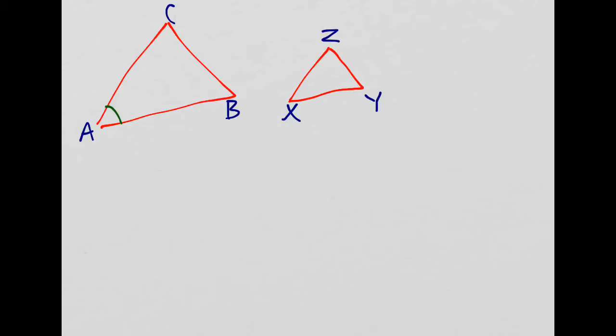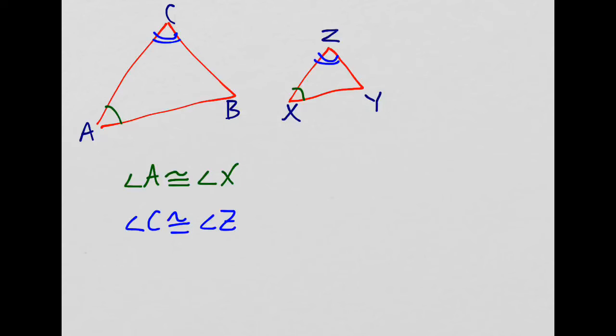Angle A is congruent to angle X, and angle C is congruent to angle Z. Are these triangles similar?